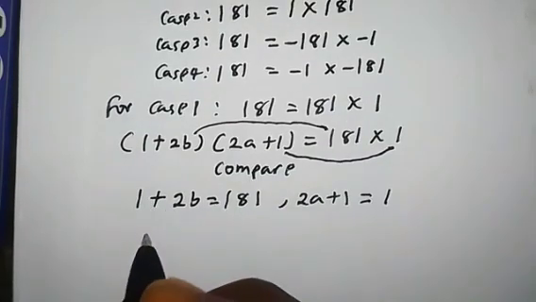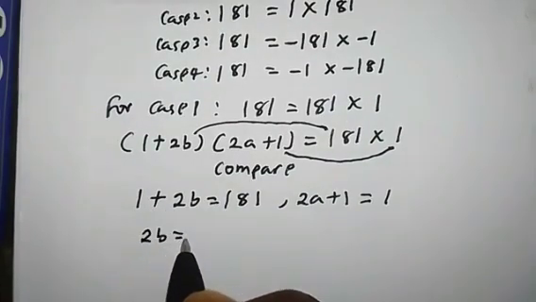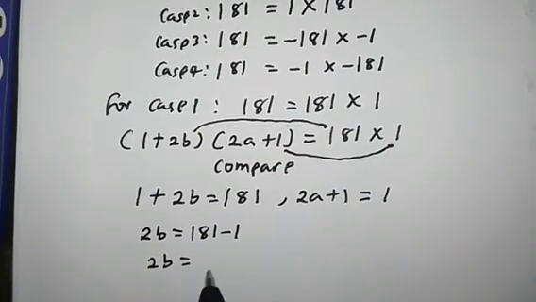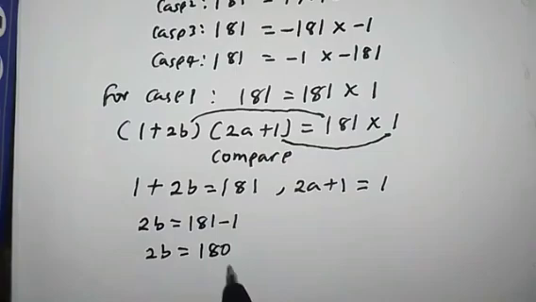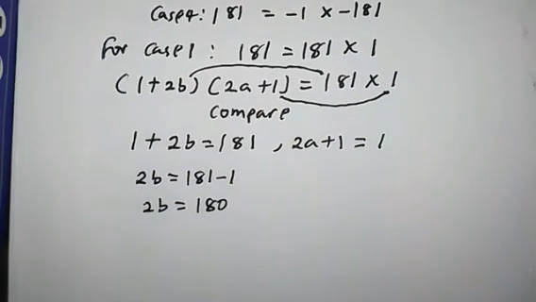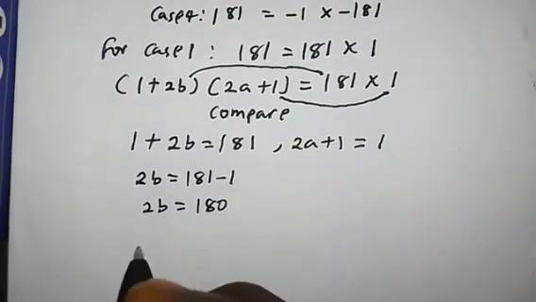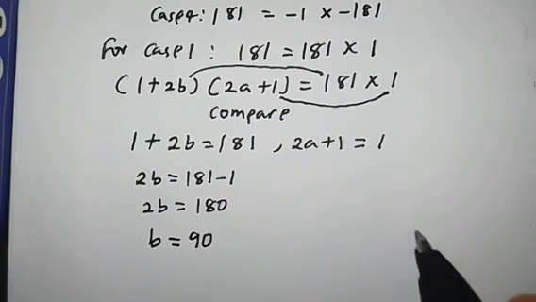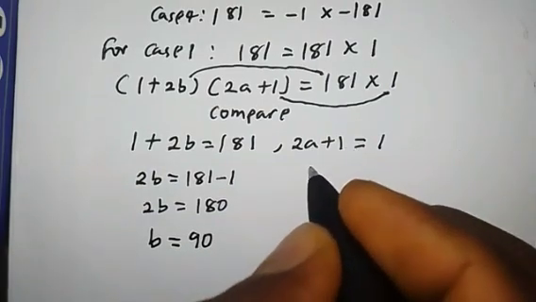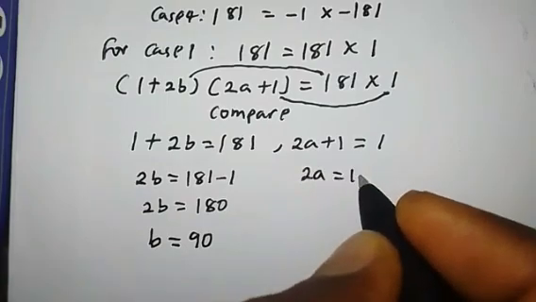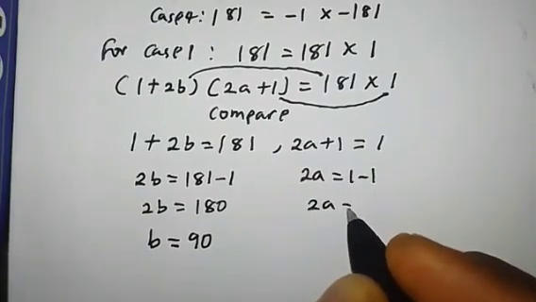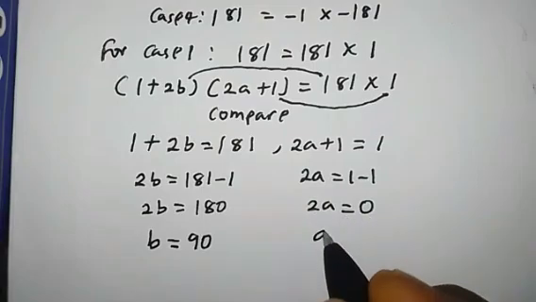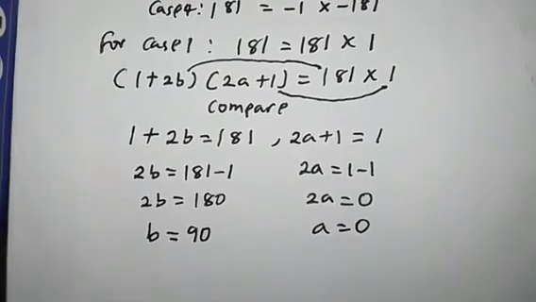From this line, it is obvious 2b equal to 181 minus 1, 2b equal to 180. Divide both sides by 2, b is equal to 90. Now, from this line, 2a is equal to 1 minus 1, 2a equal to 0. Divide both sides by 2, a is equal to 0.